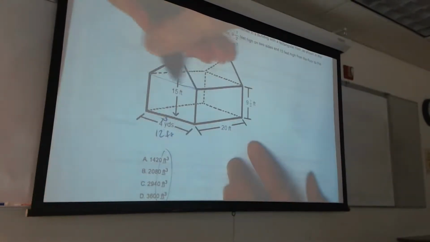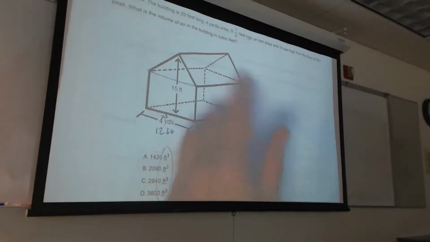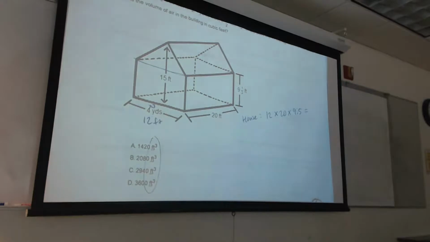So now you essentially have 2 things. You have a box on the bottom that is 12 feet by 20 feet by 9.5 feet. So this is the actual house, we'll say. You can find the volume of that pretty easily, right?